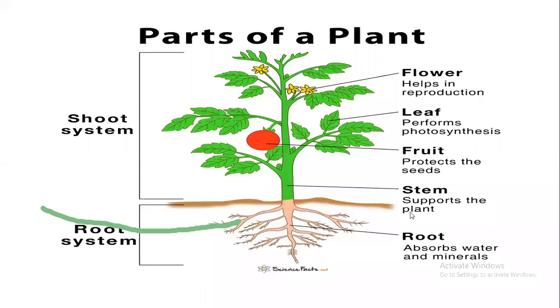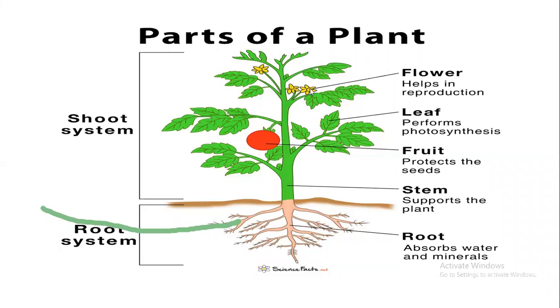And what is the other function of stem we have studied in the textbook? It provides food and water to the other parts of the plant. The stem carries water and food from the roots, and provides food and water to other parts of the plant.